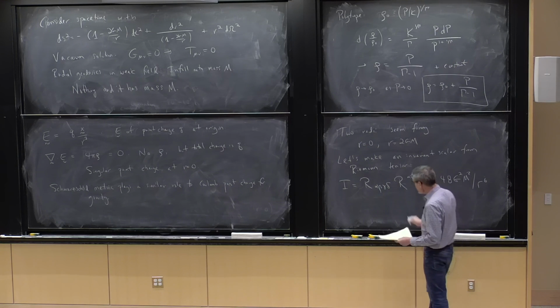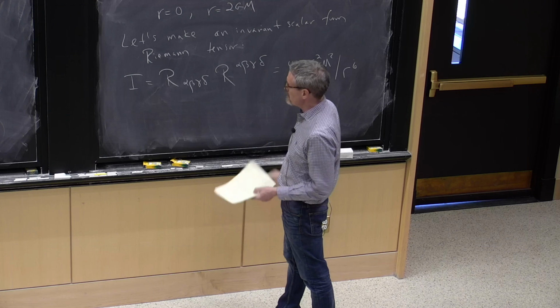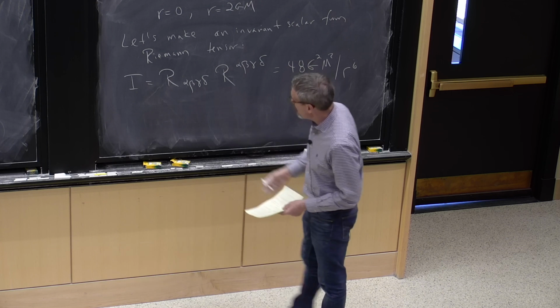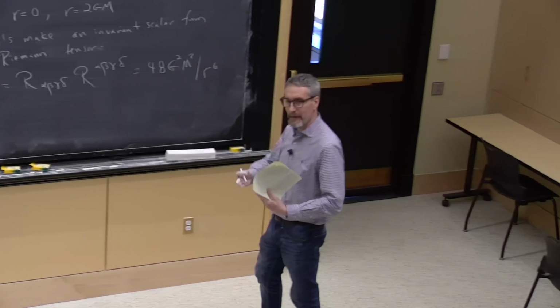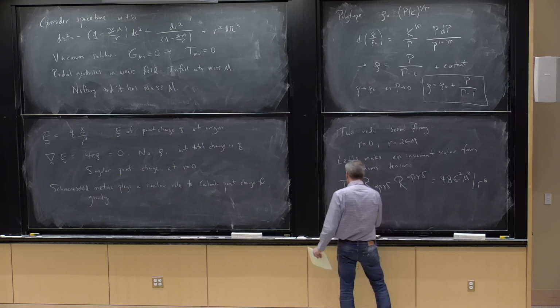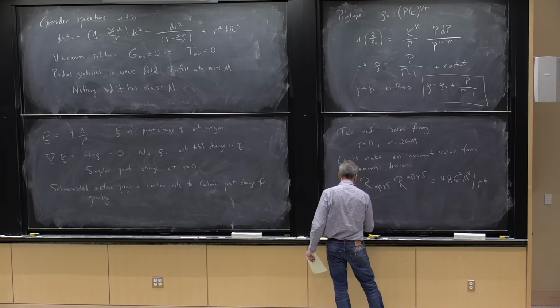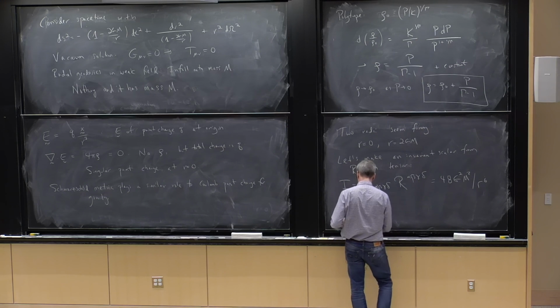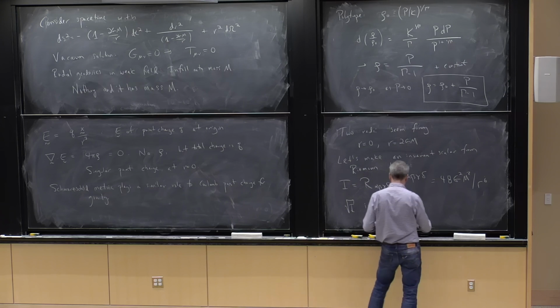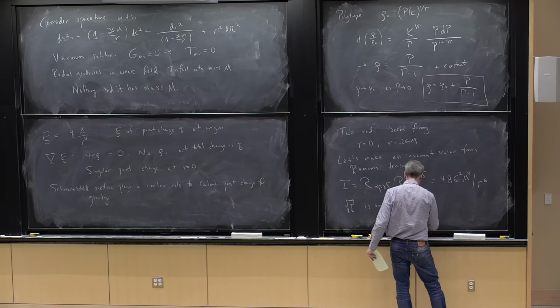Well, it's in a sort of an invariant way kind of Riemann squared. Riemann tells me, if you go back and think about things like geodesic deviation, about the strength of tides. So roughly speaking, square root I is an invariant way of characterizing tidal forces.